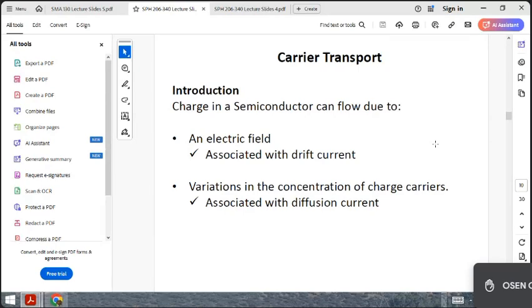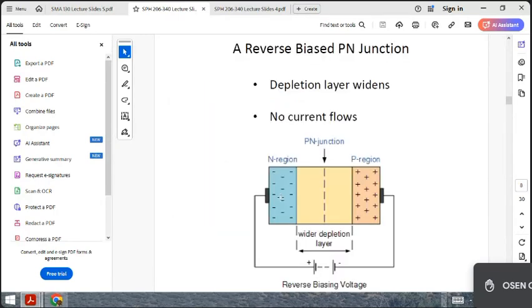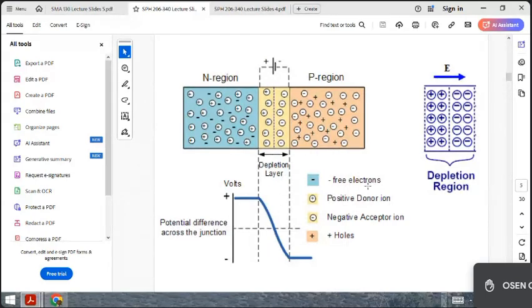And here in this section, we want to explain how this is possible, the transport of carriers. And this transport is of the carriers, either holes or electrons. And we said in the PN junction, whether biased or unbiased, there is an electric field across the depletion layer.